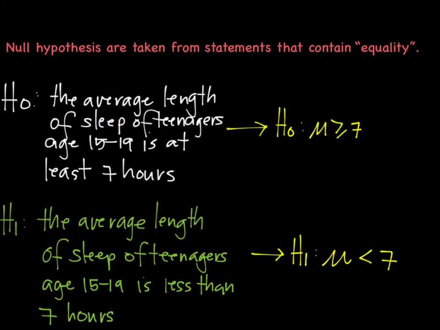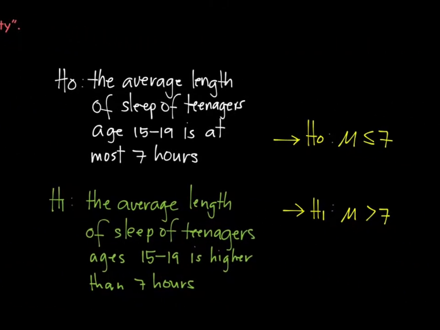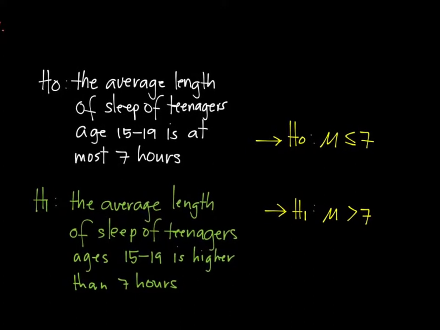And that will be the same for a null hypothesis where the current belief is that the number of sleeping hours is less than or equal to 7, or at most 7.